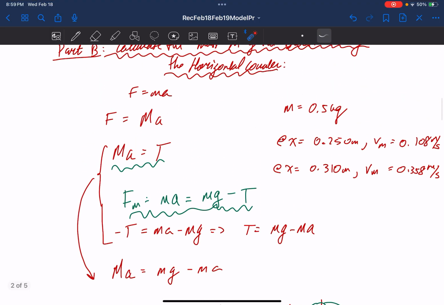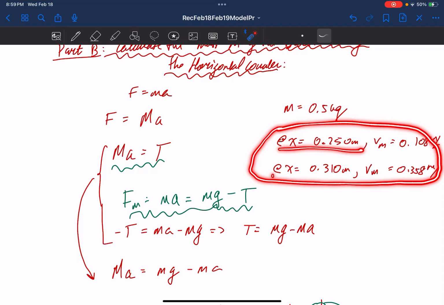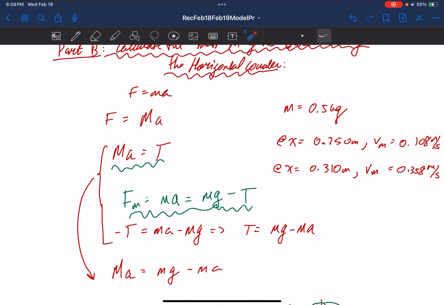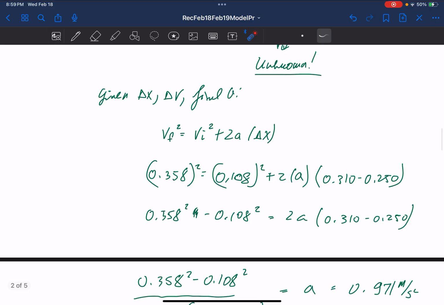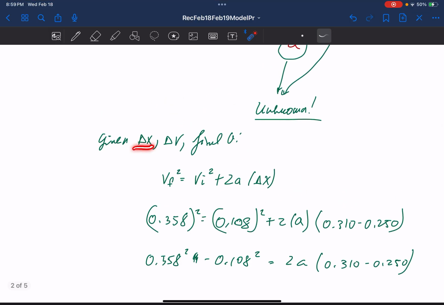And this is where this part of the problem, where we're given a location and a velocity, is going to be used to find that acceleration. So there's also a kinematics aspect to this problem. Now, given two positions and two velocities, we need to find acceleration.